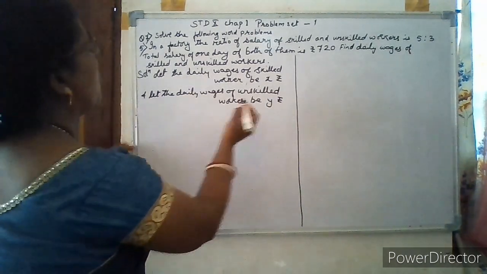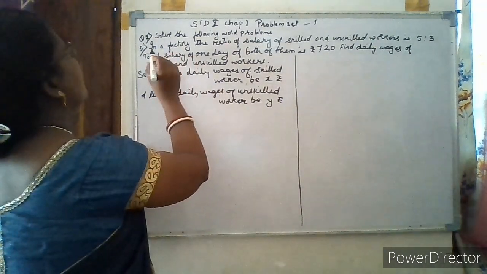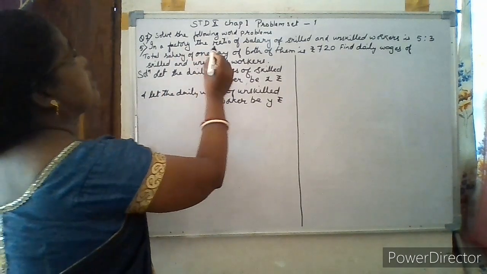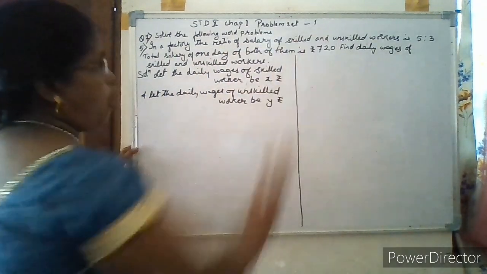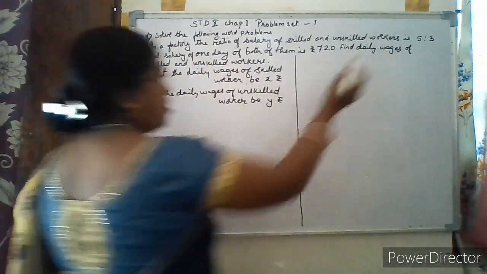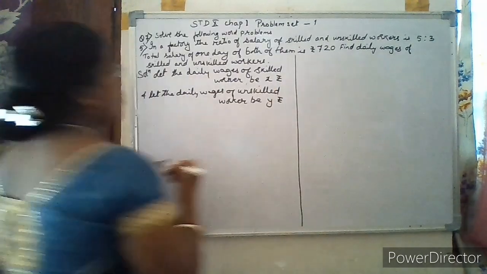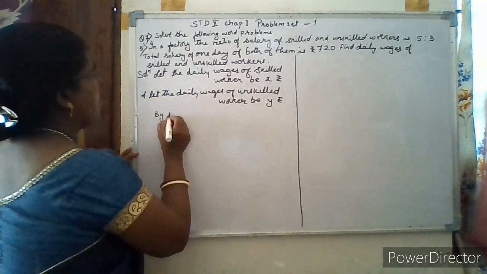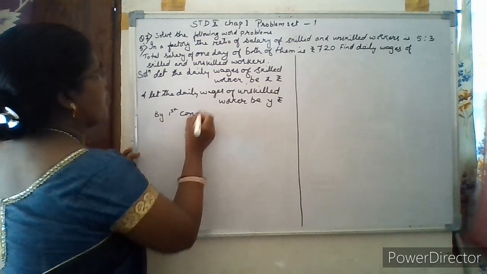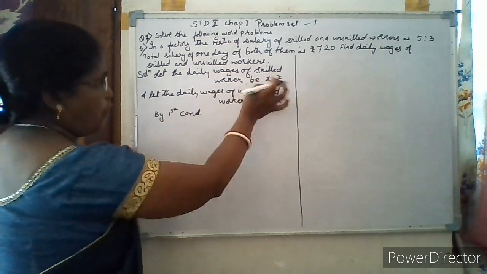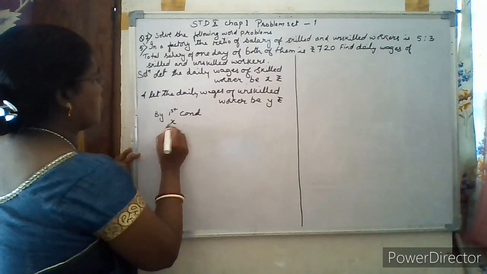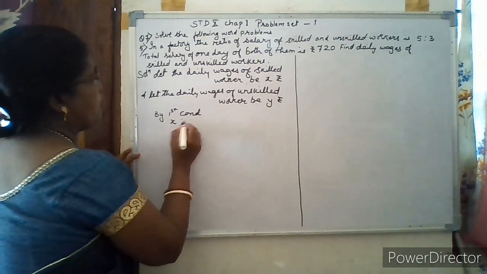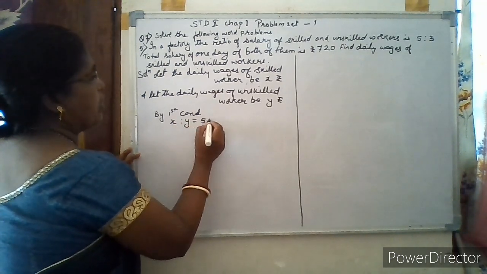Now, by the first condition it is given that the ratio of the salary of skilled and unskilled workers is 5:3. Therefore, by the first condition, the ratio of their wages, that is x is to y, is equal to 5:3.